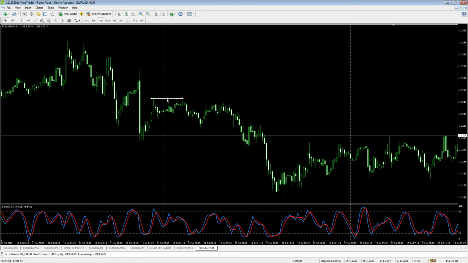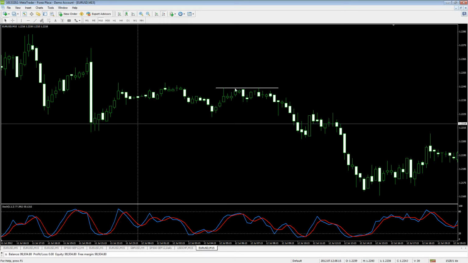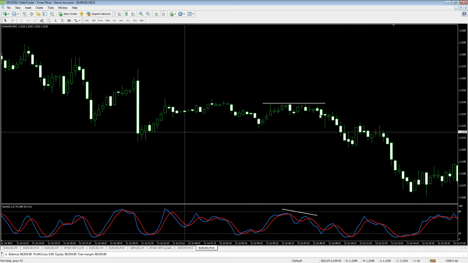For example, we have this divergence, this double top here, or this resistance area around here. We have the price going up, down, up again, reacting to the same resistance level, and divergence. We know the general trend is a downtrend.